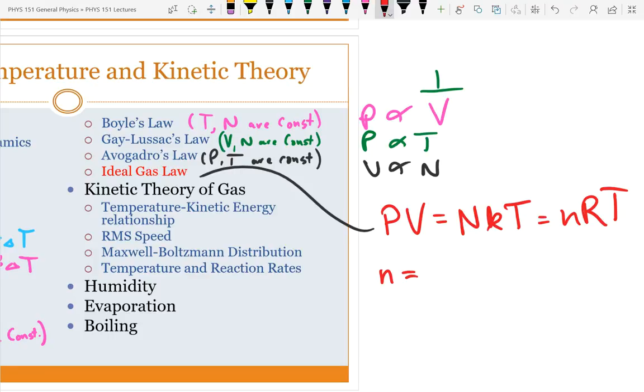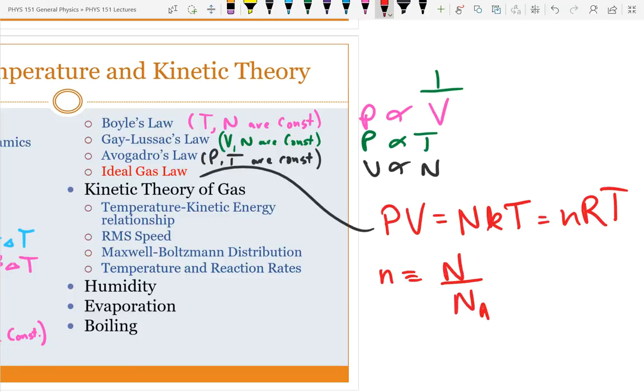Lowercase n is defined as the number of molecules divided by Avogadro's number. And so lowercase n, the number of moles, is a number that tells you how many molecules are present, but it just doesn't have units of molecules, it has units of moles. And so R and K are similarly related.